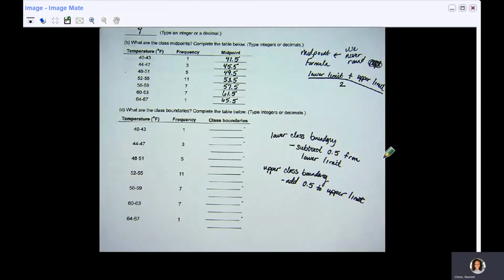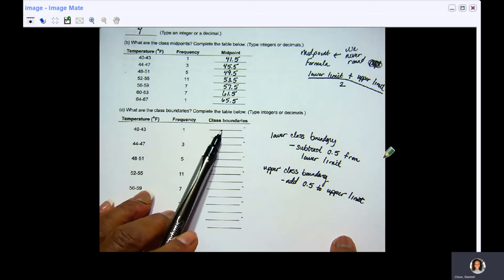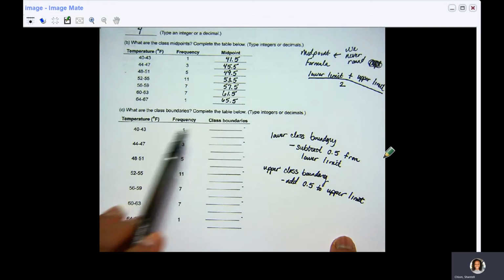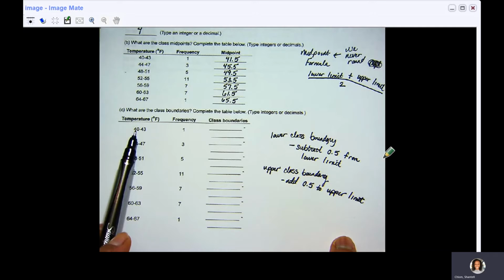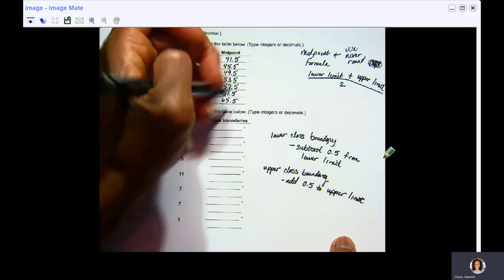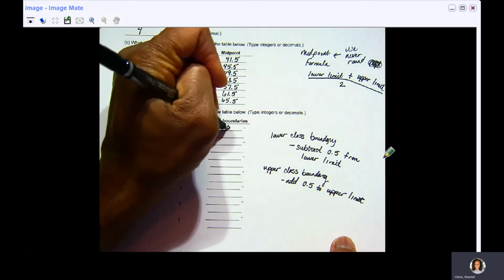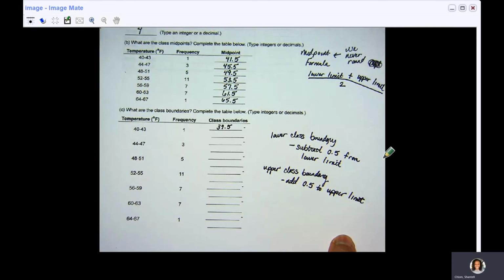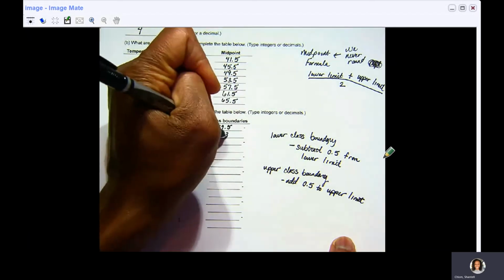Okay? So to get that first lower class boundary, we'll subtract 0.5 from 40. So 40 minus 0.5 will give us 39.5. Then for 43, you would add 0.5. So that would give you 43.5.